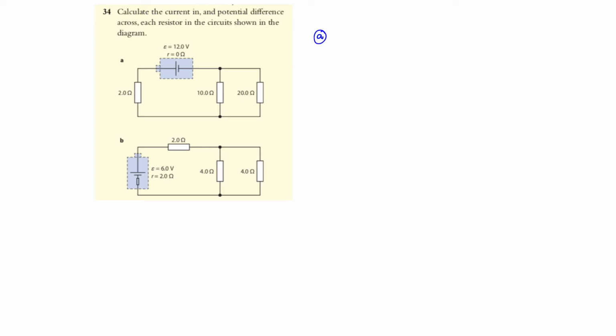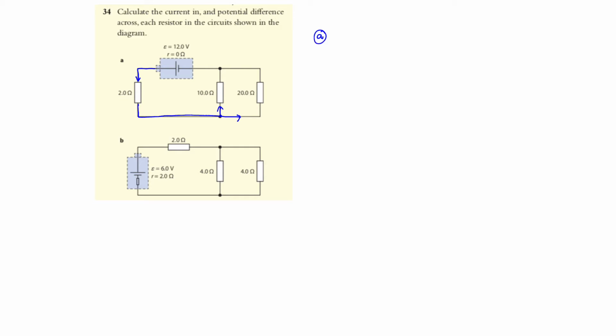Now, from here, if you follow the circuit, this battery is in parallel with this 10 ohms, and so this resistor we're going to have in series, and then after that it is parallel on 10 ohms and 20 ohms.